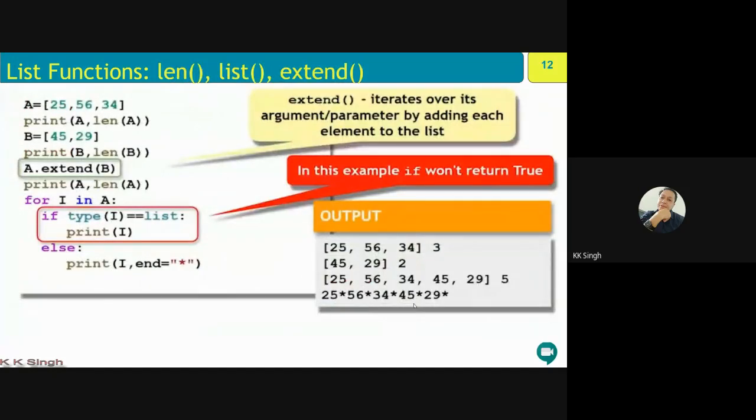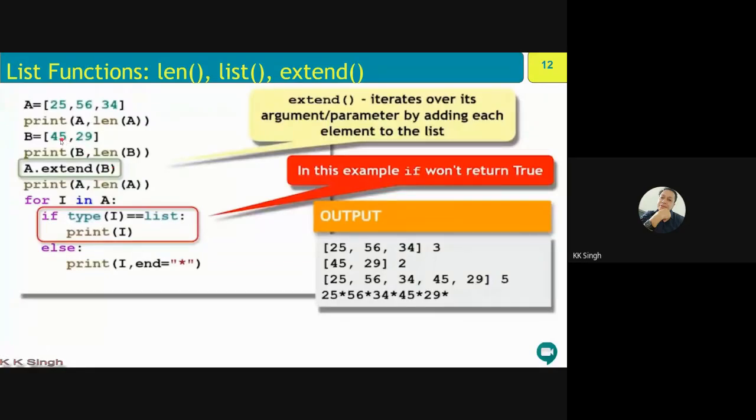So another method, another example. If you take 25, 56, 34, again this is a list, and the length of this is 3, and the length of this other list is 2. When you say A dot extend B, it will extend the list.